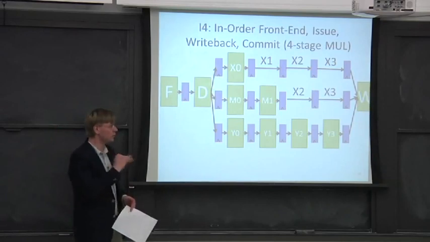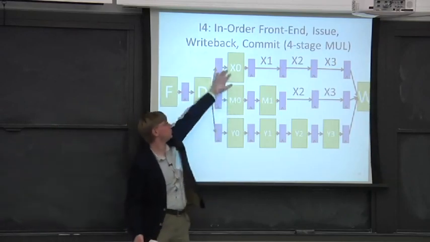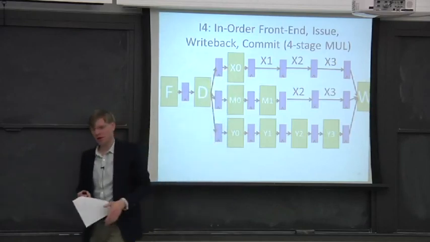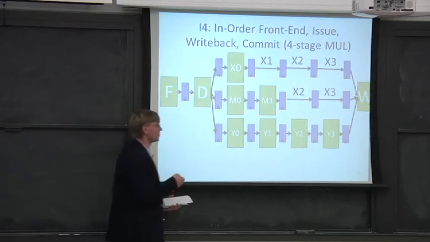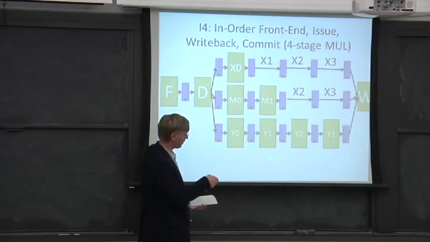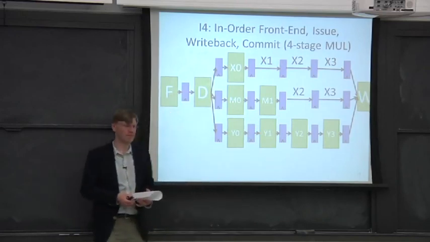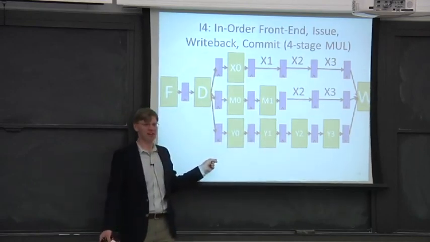In-order pipe, 3 pipes, or 3 functional units, we'll call it. 1, 2, 3. But we probably still need to bypass. Can we bypass out of right here? Out of Y1, does that make any sense?